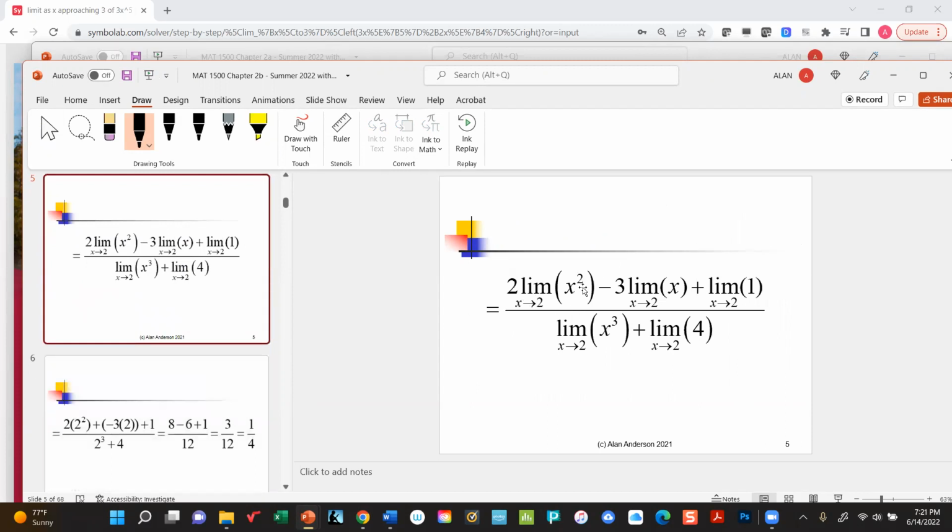Okay, so 2 times the limit of x squared minus 3 times the limit of x plus the limit of 1 over the limit of x cubed plus the limit of 4. Now we can go ahead and feel free to do all the substitutions.